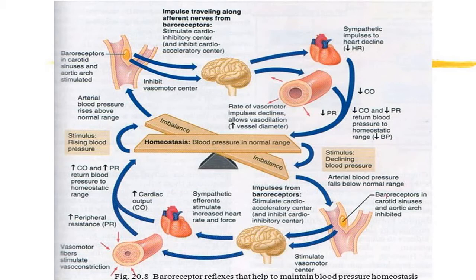If the blood pressure increases, you can see that this blood pressure is sensed by the baroreceptors in the carotid sinuses and in the aortic arch, and a message is sent to the brain where centers for controlling the blood pressure are present, and then through the parasympathetic nerve, a message is sent to the heart for decreasing the heart rate, and a message is also sent to the blood vessels, resulting in vasodilation.